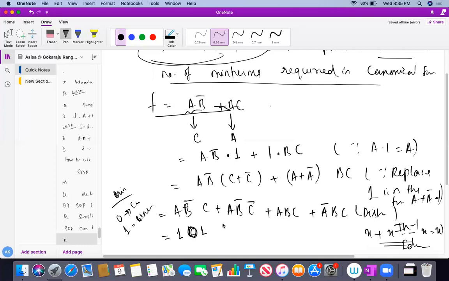This one will be 101, or this one will be 100, this will be 111, this will be 011. So from this you can see that no minterms are common, all are different minterms. So how many minimum number of minterms are required to express in canonical form? 4 minterms. Do you all understand, students?